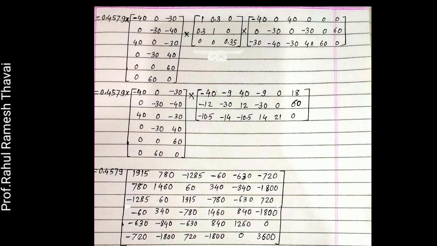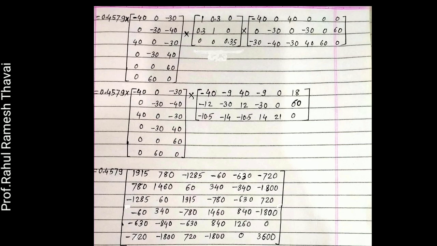Next, first row multiplied by fifth column, that is minus 40 into 0 plus 0 into 0 plus minus 30 into 21, that is minus 630. Next, first row multiplied by sixth column, that is minus 40 into 18 plus 0 into 60 plus minus 30 into 0, that is equal to minus 720.